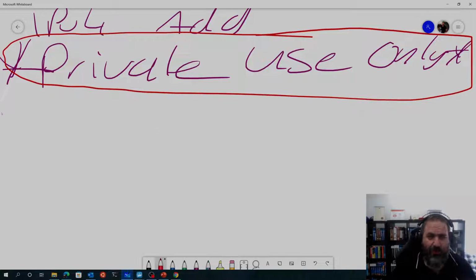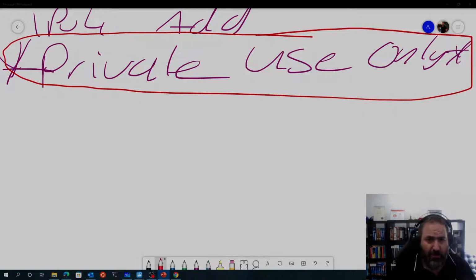Now, we haven't really talked about the classes of IP addresses yet. We will go through them later on. We're just building stage by stage, because it's a big jump. Learning about IPv4 was, for me personally, probably the hardest part about learning IT networking, and I could not pass my CCNA without knowing IPv4.